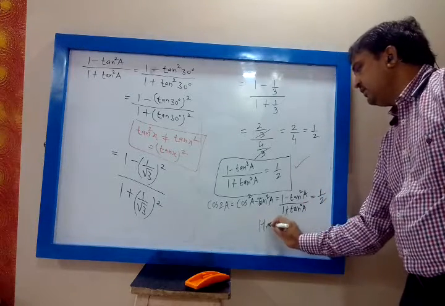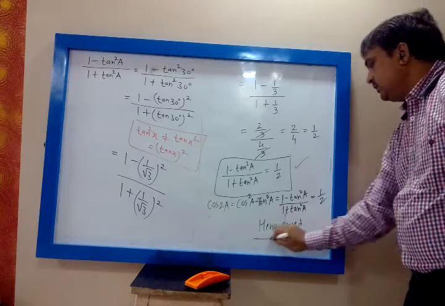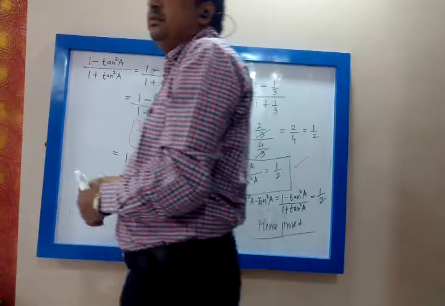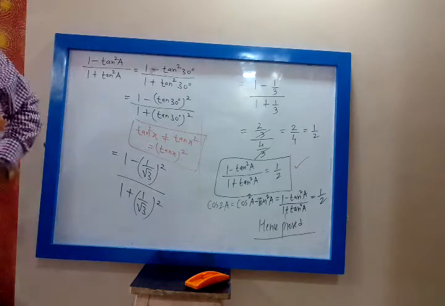Hence proved. Because all these three are having the value 1 by 2. So in a similar way you will do the others also.